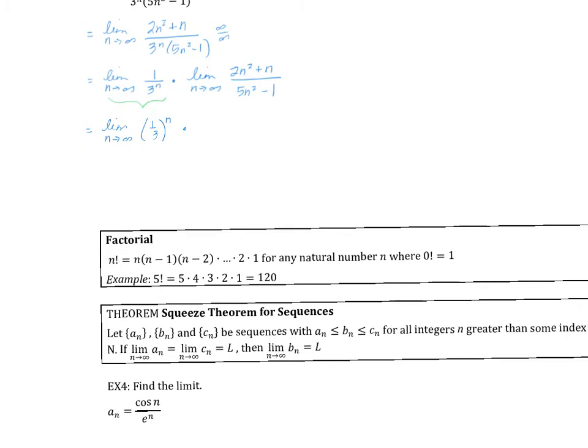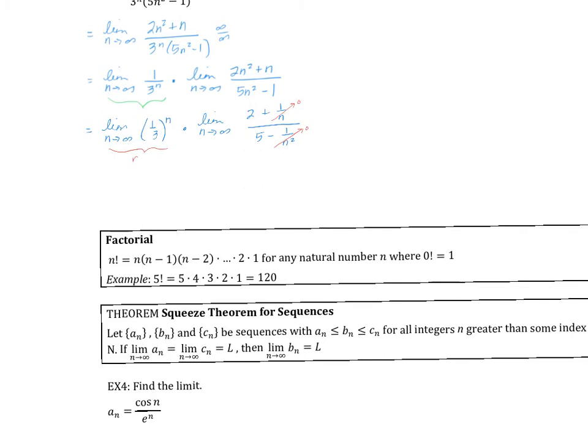And then for this next piece, I can divide everything by n squared to get the limit as n goes to infinity of (2 plus 1 over n) over (5 minus 1 over n squared). And now as n goes to infinity, 1 over n goes to 0, and 1 over n squared also goes to 0.